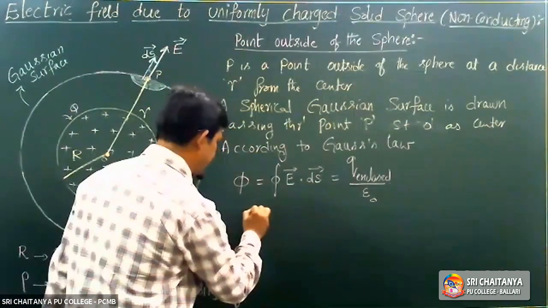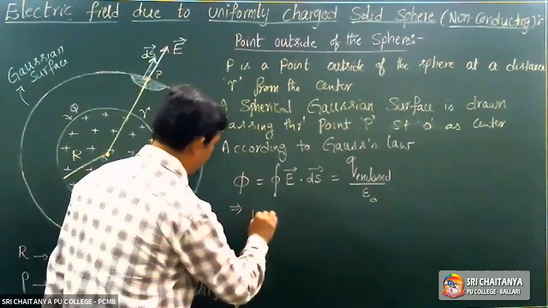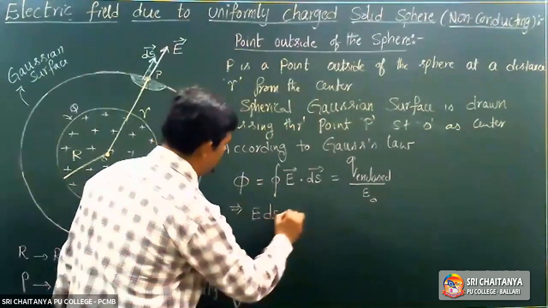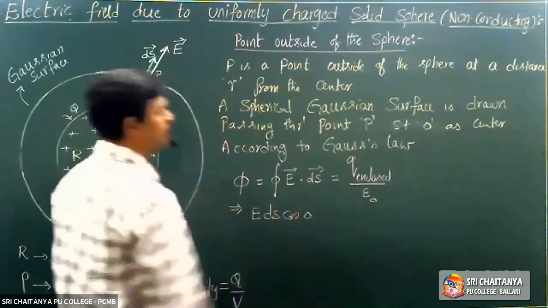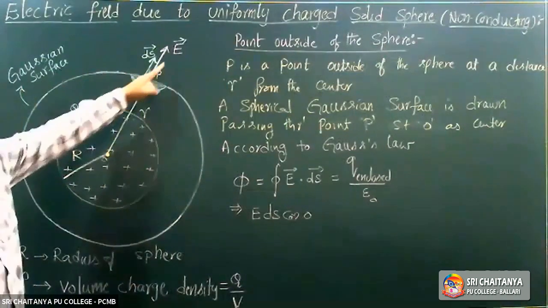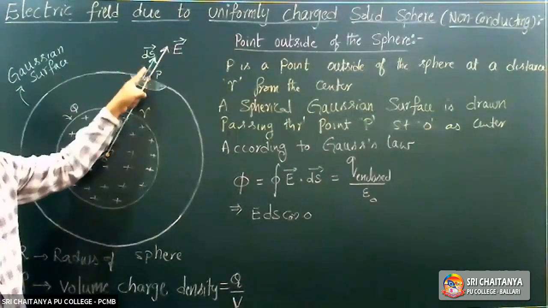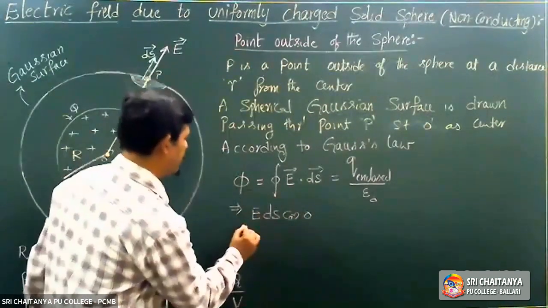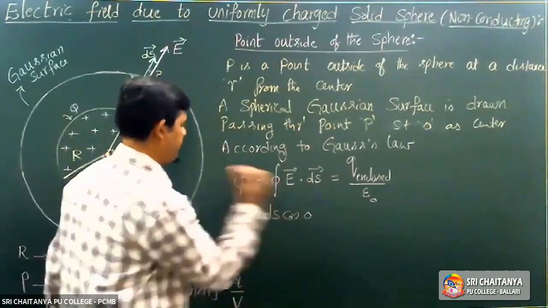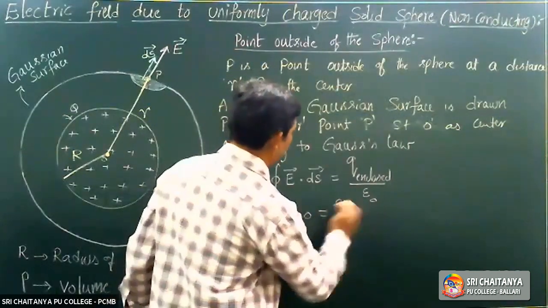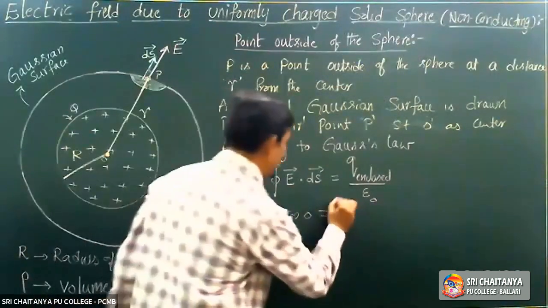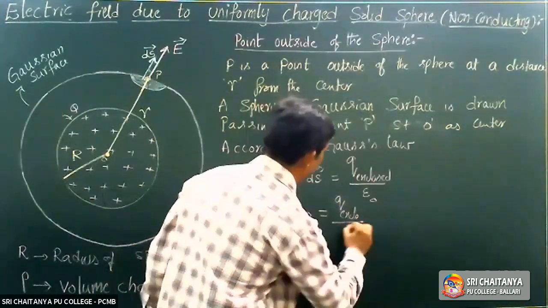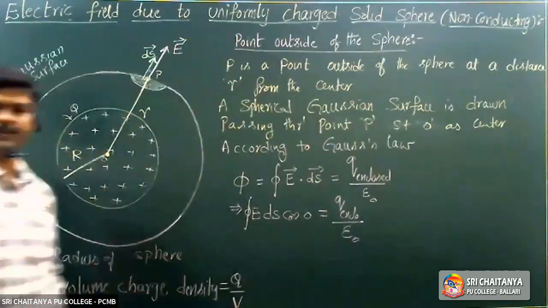If you want to write one more step, this is E ds cos 0, because the angle between E and ds is 0; those two are parallel. Integral of E ds cos 0 equals Q enclosed by epsilon naught.